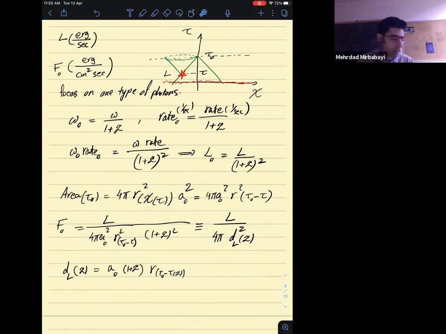So what is another way of getting a handle on the geometry in this FRW setting? The other handle is to imagine that we have things that are called standard rulers.